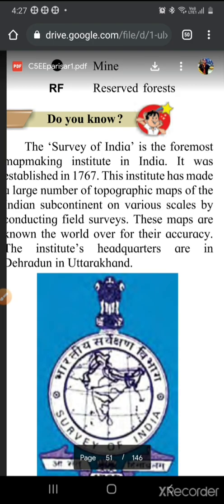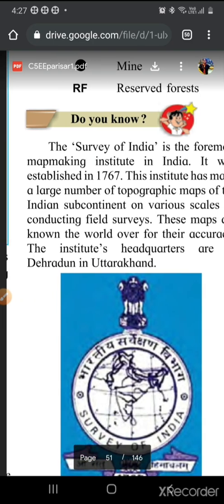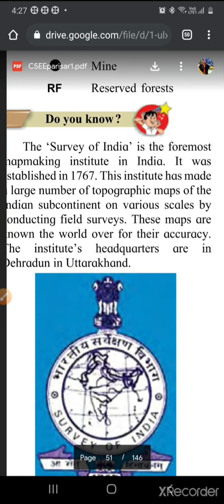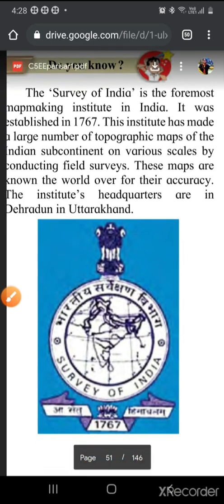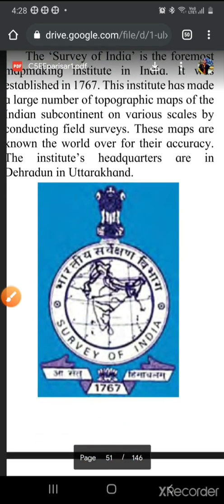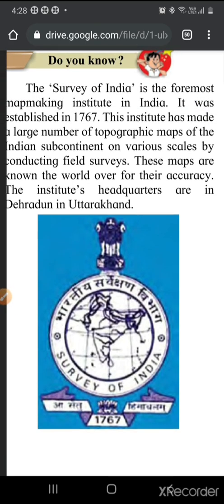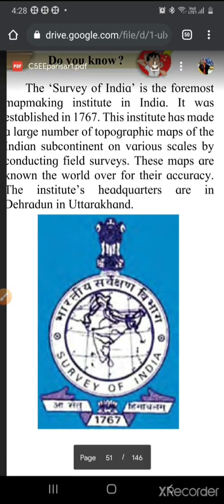These maps are known the world over for their accuracy. So this institute is making maps and it is known world over. The institute headquarters are in Dehradun in Uttarakhand. So this institute, which was formed in 1767, is the Survey of India.